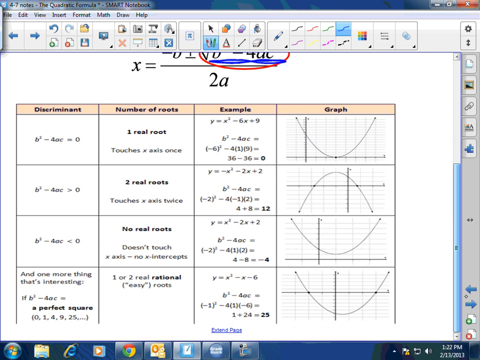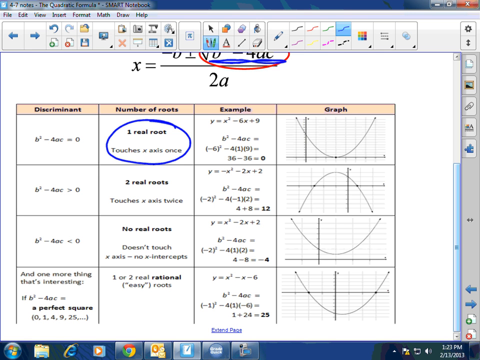Check it out. Remember how I told you that we're looking for x-intercepts? Those are my solutions. Now, let's check it out. When the discriminant b squared minus 4ac equals 0, when the inside is 0, you're only going to have one real solution.